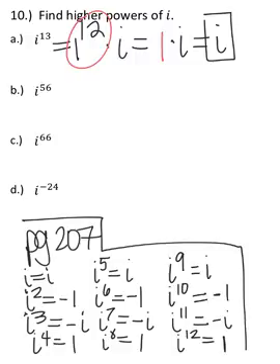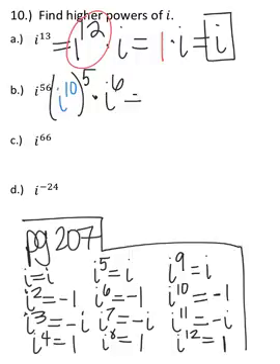i to the 56th. So let's think of maybe i to the 10th. i to the 10th raised to the 5th power would be i to the 50th. And I need 6 more, i to the 6th. So now i to the 10th is -1.